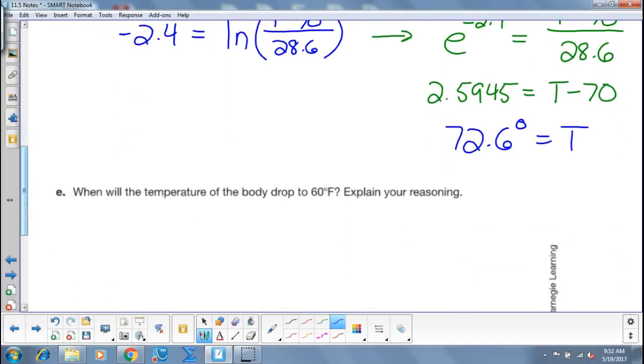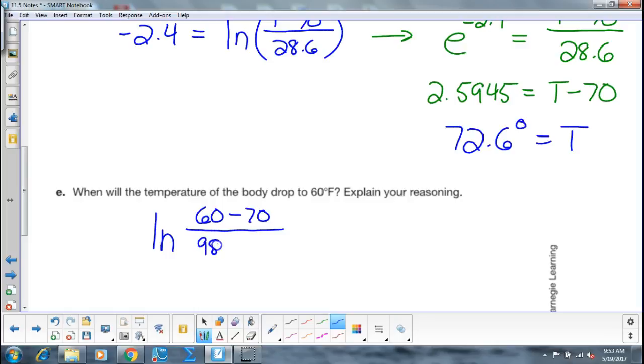Will the temperature of the body drop to 60 degrees? Well, let's try it once. Okay? Specifically, let's look at the natural log part of 60 minus 70 over 98.6 minus 70.